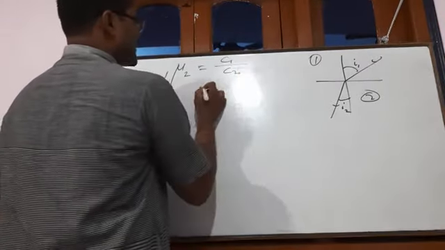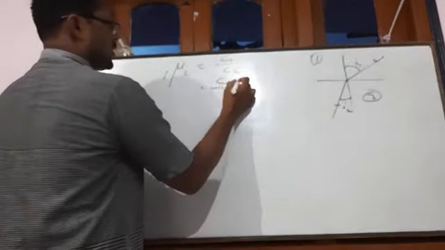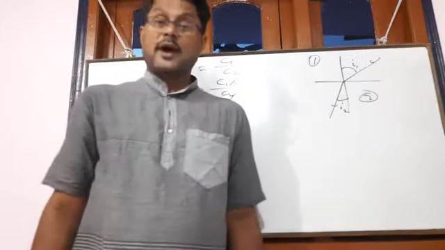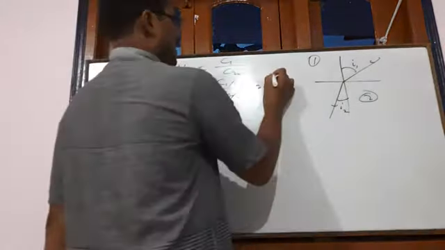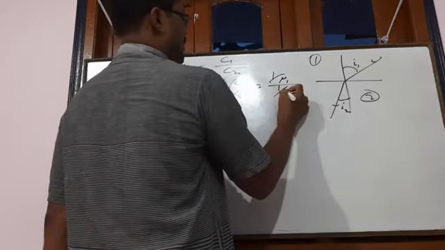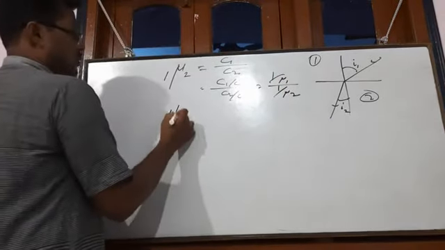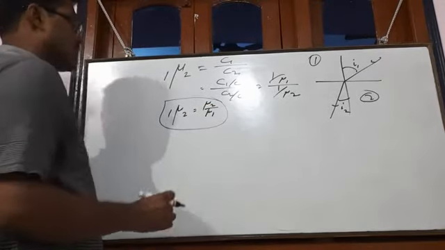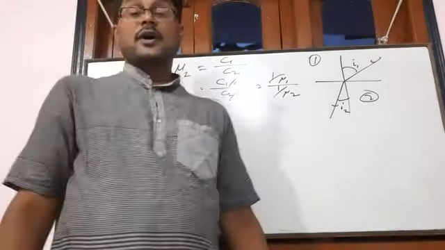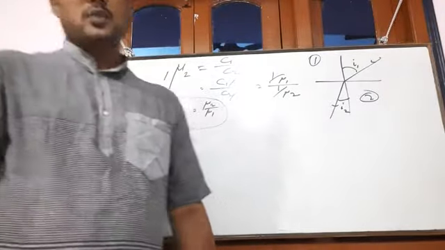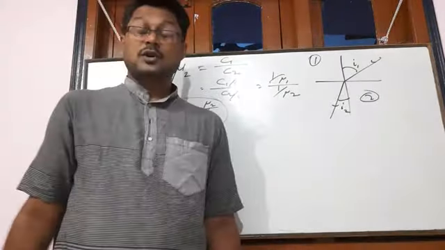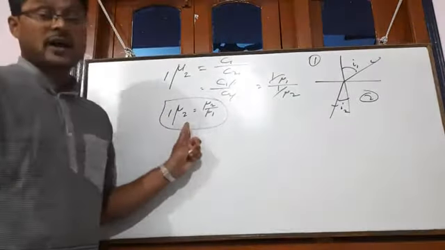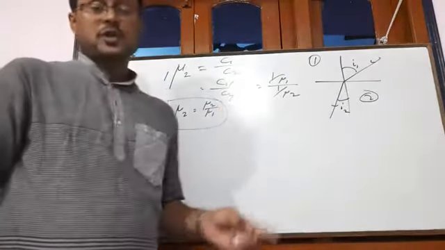Now this can be divided by C0, giving C1 by C0 and C2 by C0, where C0 is the speed of light in vacuum. So we can write 1 by mu1 and 1 by mu2. Then 1mu2 equals mu2 by mu1. So the relative RI is the ratio of the absolute RIs.